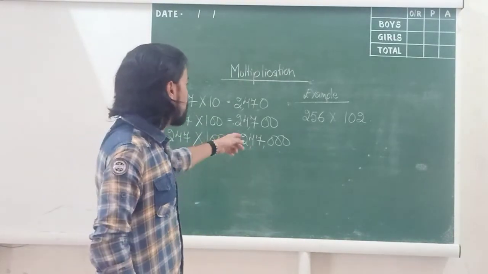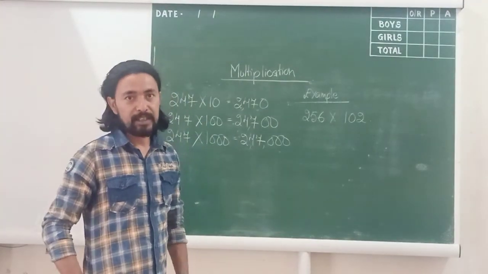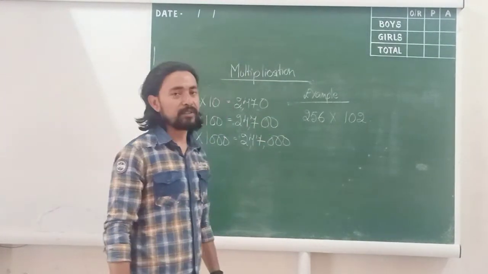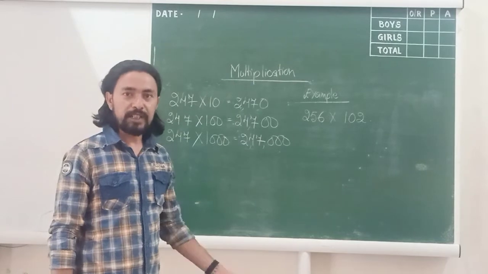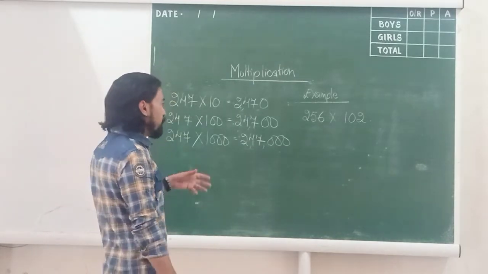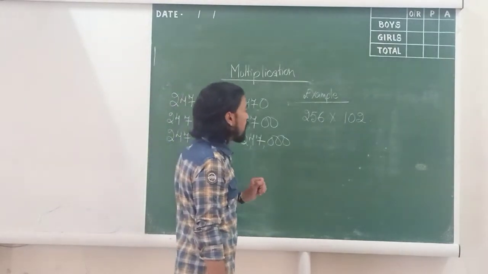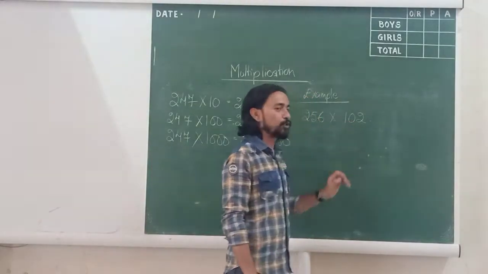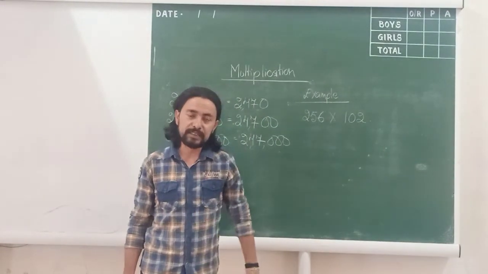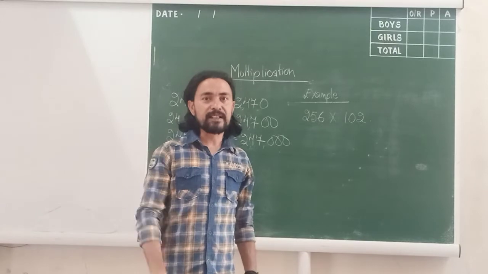All I have to do is write 256 and add 2 zeros, and that would be my answer. But this is 102, it's not 100. So to make my work faster and easier, I will split this 102 into 2 parts, so that the 100 is separate and the 2 is separate.